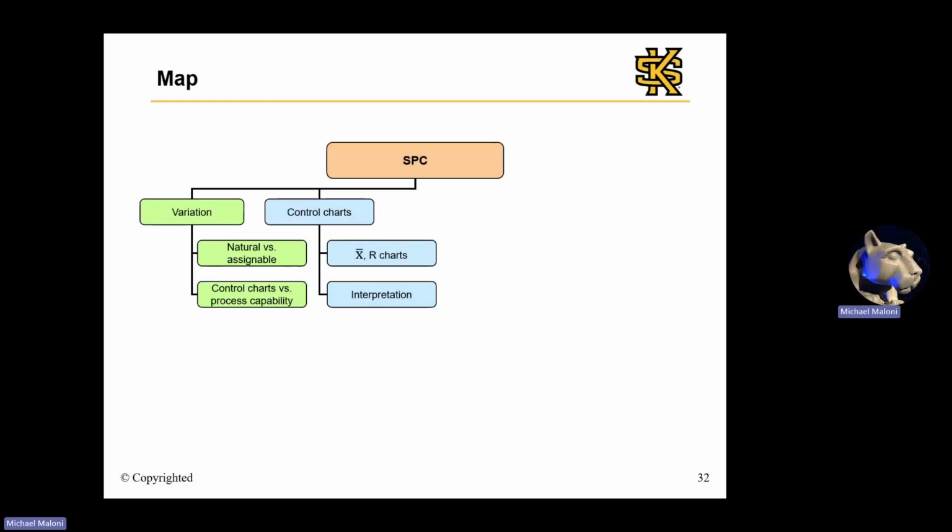After we determine process stability via control charts, we'll then determine if the process can consistently meet customer expectations via process capability. That's CPK. We'll also relate CPK to Six Sigma since both ideas are basically the same.